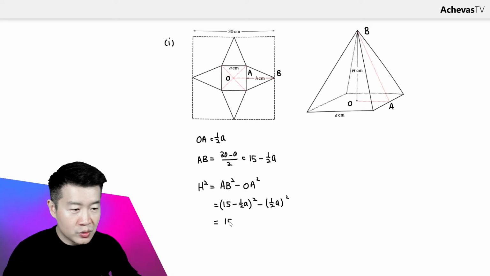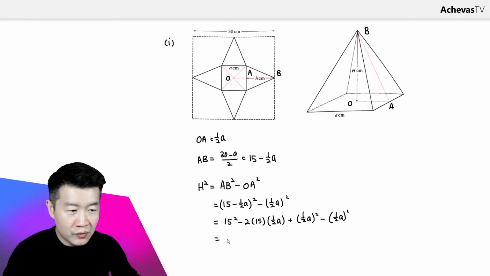This is equal to 15 squared minus 2 times 15 times half A, plus half A squared minus half A squared. So they will cancel out, and I will be left with 15 squared, which is 225, minus 15A.